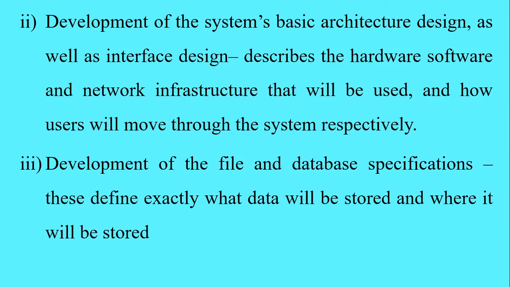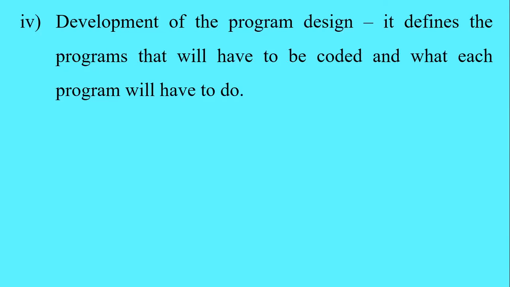Number 3 is development of the file and database specifications. These are details defining exactly what data will be stored and where it will be stored. The 4th step is development of the program design.